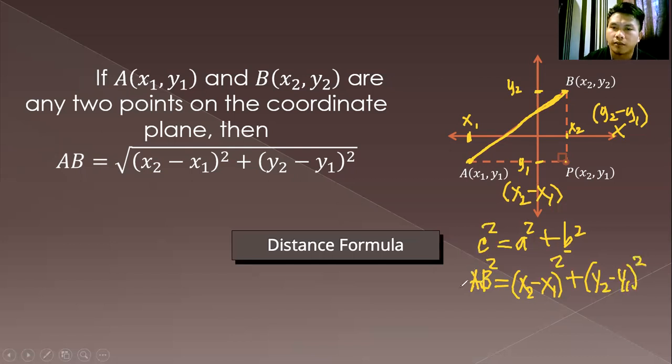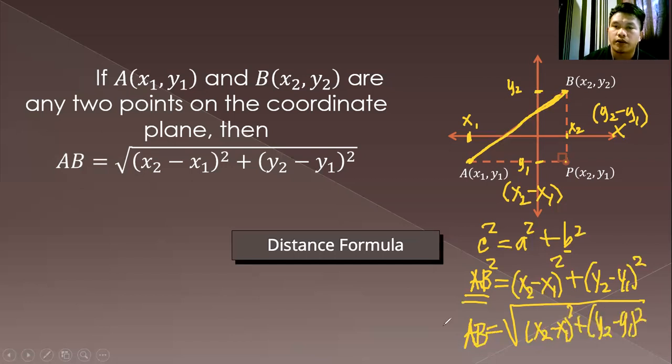Then extracting the root to have our segment AB, we have AB equals the square root of x sub 2 minus x sub 1 square plus y sub 2 minus y sub 1 square. That's why we come up to this formula.